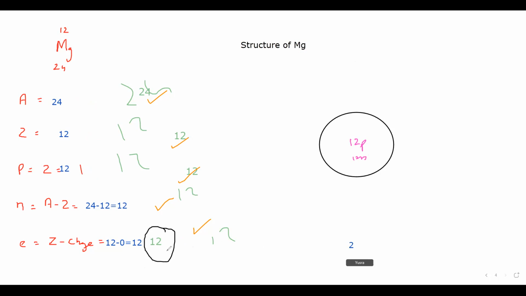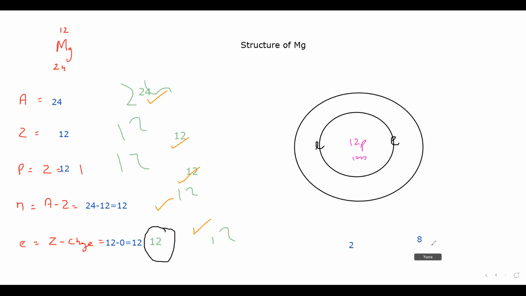Out of 12, the first shell can have a maximum of 2, that's right. The second shell can have a maximum of 8, and I can arrange all of them. Now in total I have arranged 2 plus 8, 10 electrons. So I still have to arrange the third one.